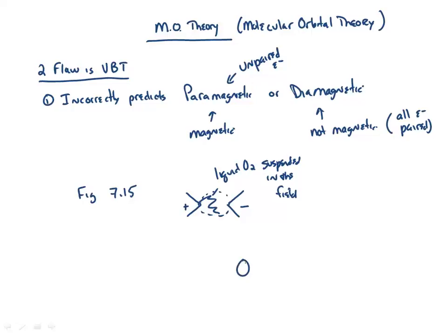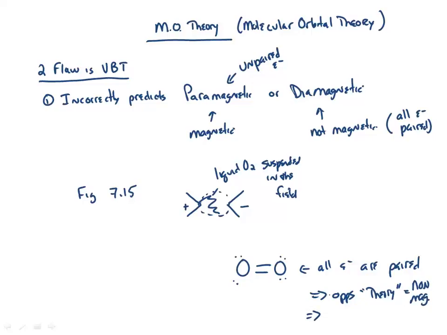And so if I take a look at oxygen, and I draw its Lewis structure, all the electrons are paired. Which means, according to theory, this should be non-magnetic.